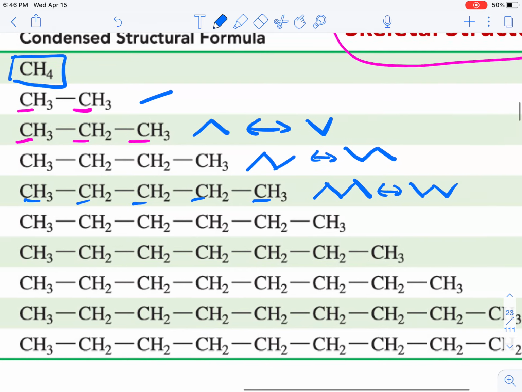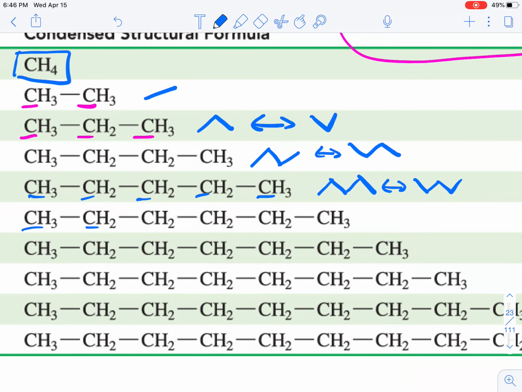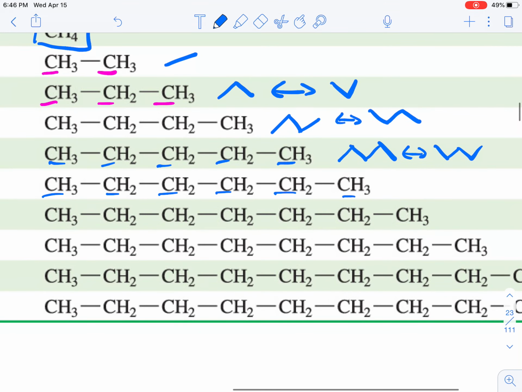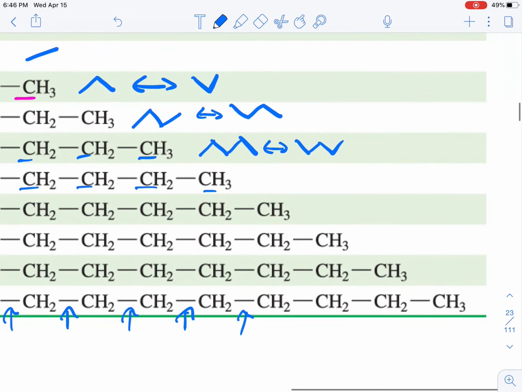All right, for the next compound, we have 1, 2, 3, 4, 5, 6. 6 is hex, or hexagon, right? Since if you look at the bonding between each carbon, they're all single bonds, I need to use the suffix ane. So the name is hexane. To draw the skeletal structure, I need 1, 2, 3, 4, 5, 6.